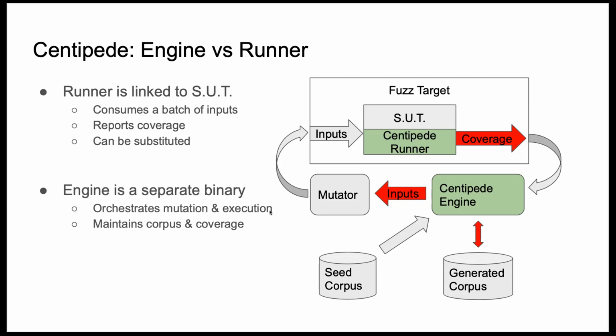This is the runner: it allows you to consume a batch of inputs, feed them to the target, and report coverage back. This is what we can replace. The engine is the core tool that is one for everyone, but the runner is something you can replace for your language, for your special project, or whatever.